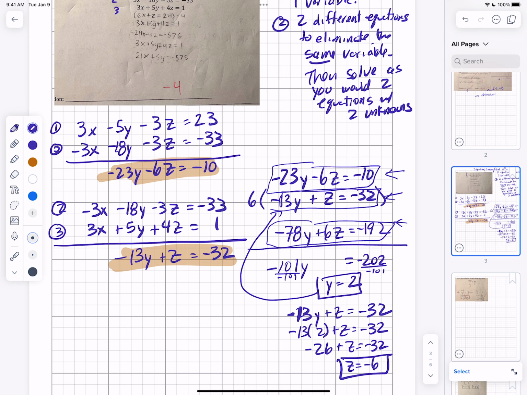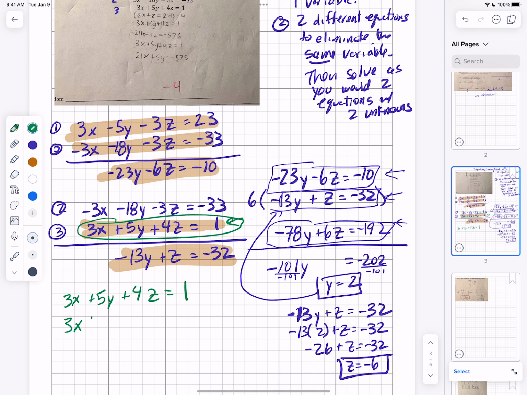Okay, so now to get x, we can go back to any one of our original equations. I'm going to pick the one with the smallest numbers because that's almost always the easiest one to do calculations on. So I'm going to choose this one. 3x plus 5y plus 4z equals 1. We're going to substitute back in. 5 times 2 plus 4 times negative 6 equals 1.